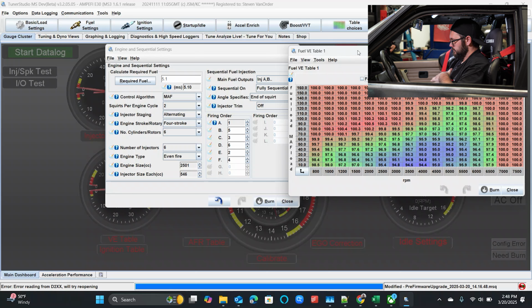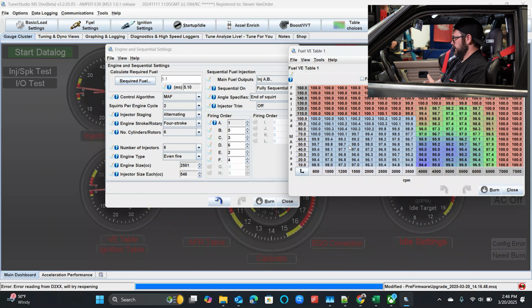Again, mass air works completely different from speed density. The required fuel is a modifier in a speed density tune. So if this was a speed density tune, what we would see is we could manipulate the required fuel to manipulate the VE table. But we really shouldn't.